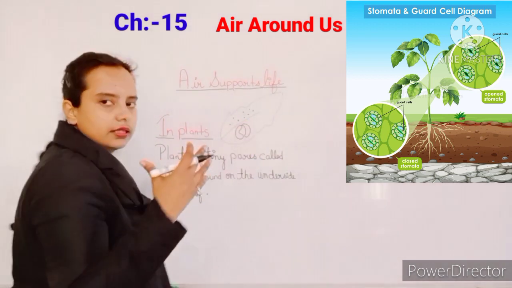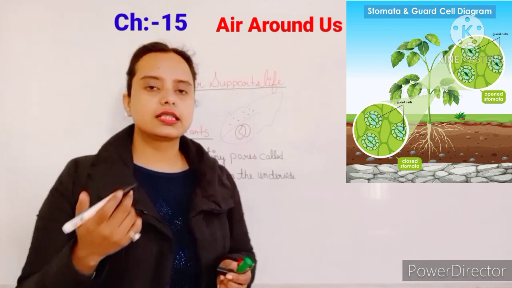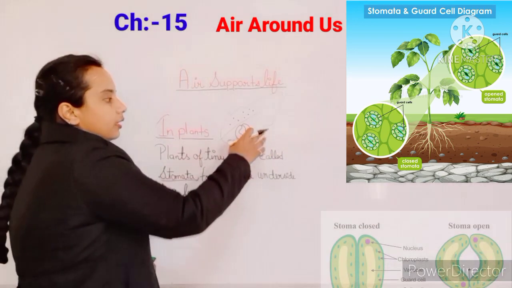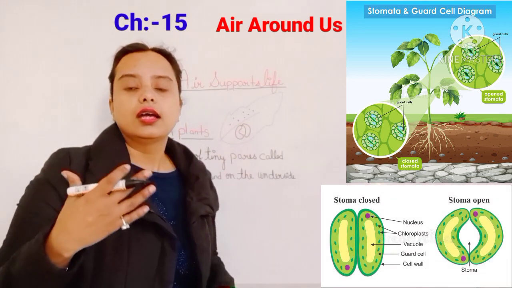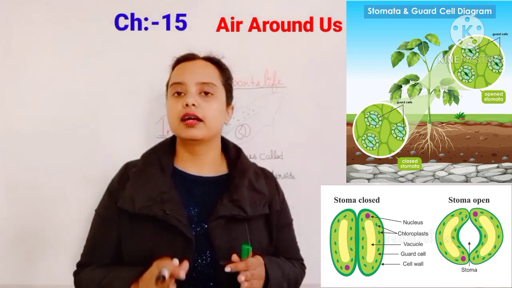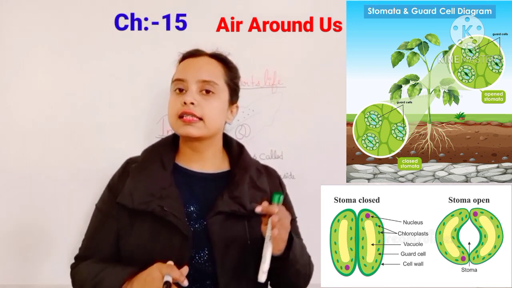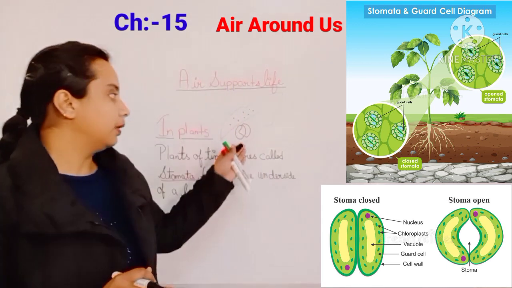As you can see in the image, the stomata opens and closes. When the stomata opens, the carbon dioxide and oxygen present in the air get into the plant.